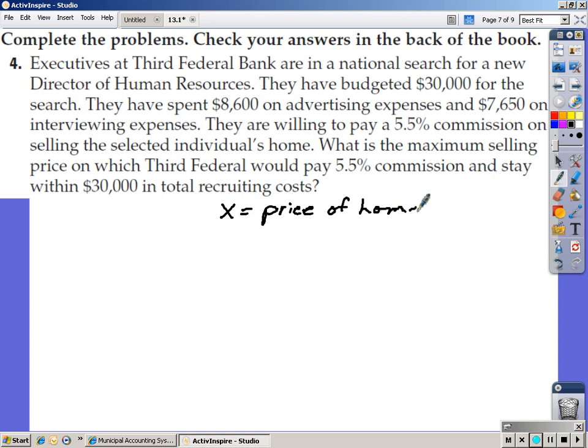They want to stay within 30,000. 30,000 equals, now all the expenses, they've spent 8,600 plus 7,650, and they're willing to pay 0.055, not percent, but in decimal form. 8,600 plus 7,650.